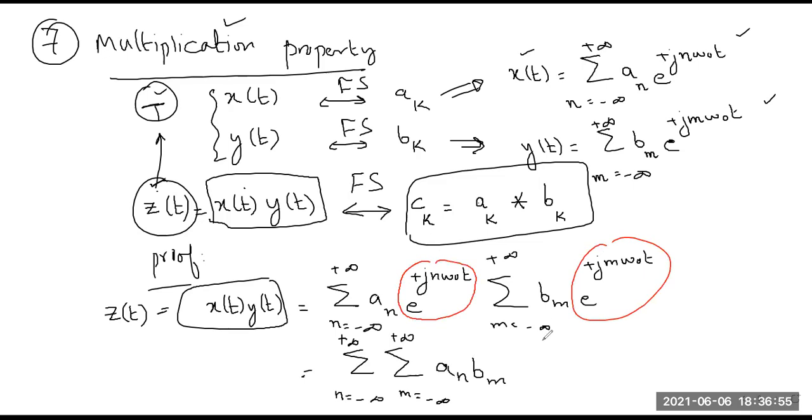When you combine them together, you will end up with e to the power plus j (n plus m) omega naught t.